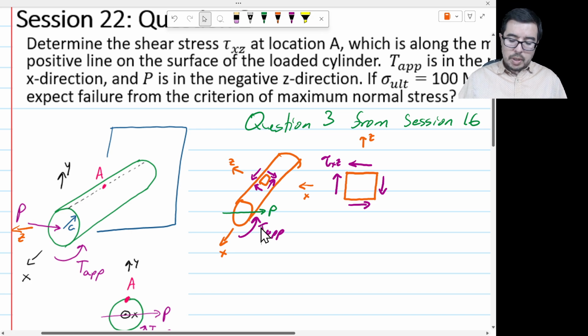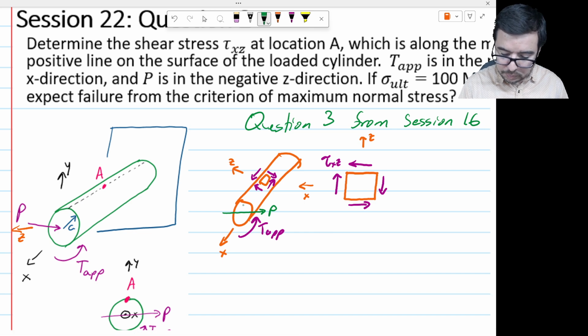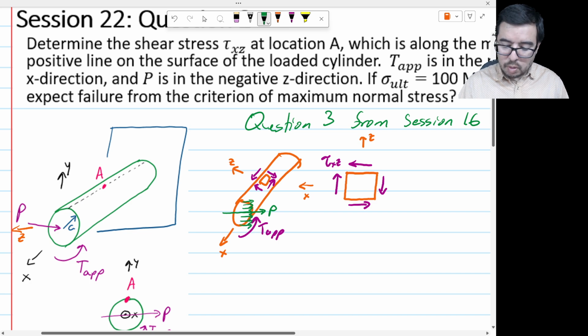So what's happening with the shear stress, because that's what we're interested in, tau xz, due to this P? Well, in this circumstance, what we've got is essentially a bunch of shear stresses coming across like that. Why?